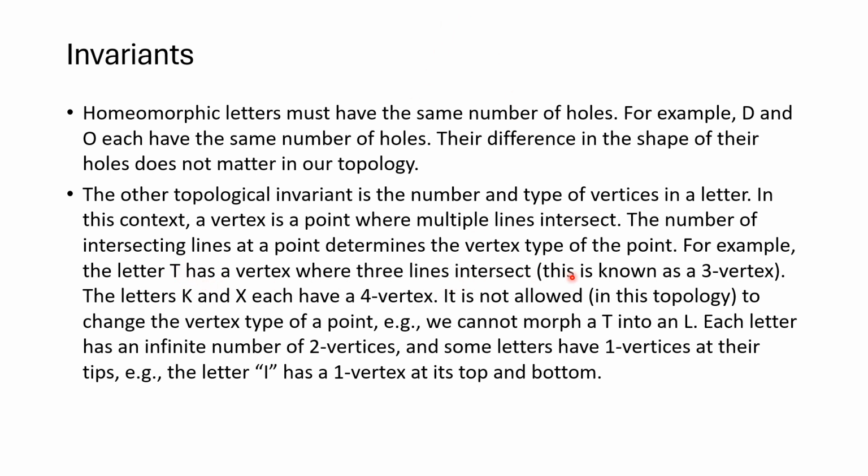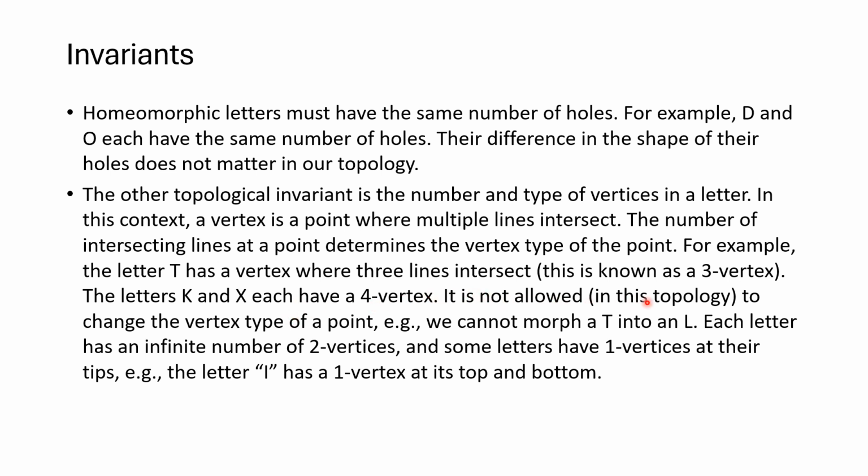So we would call that a 3 vertex. The letter K and also the letter X, you notice they have 4 lines coming in at one point. So that would be a 4 vertex. So a letter with a 3 vertex, like T, would not be equivalent to or transformable into a letter like K, which has a 4 vertex.